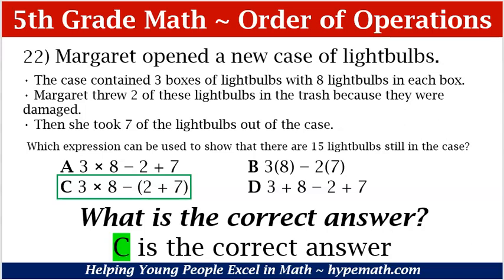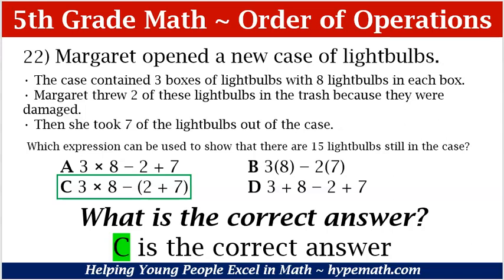And that is why that part is in parentheses. So even though when we started, we put the 3 times 8 in parentheses, it's okay that it's not there. But what is very important is that the light bulbs that are no longer in the case, that's calculated together so that there's nothing added. And that's the difference between A and C, that parentheses, okay?